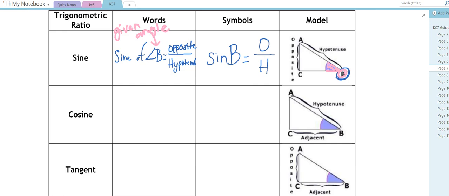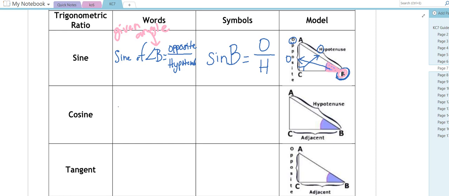Notice, opposite of this angle is this side right here. So this is where we see our O. And then the hypotenuse was across from that 90-degree angle. And that's where we see our H. So you have to be able to identify the opposite of whatever angle they tell us, and still be able to figure out what the hypotenuse is.